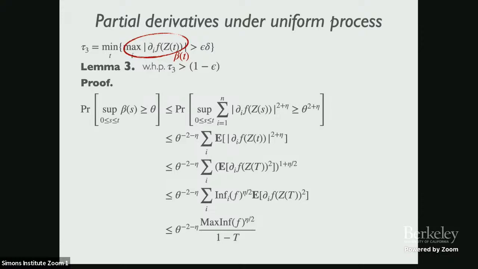And that's only counting a 1 minus t fraction of your inputs. So this is why you have this divided by 1 minus t here, to get rid of this sum of the partial derivatives squared. Okay, so at this point, you're basically done. It's because we know the max influence is small. Now all that's left to do is just to optimize your parameters.